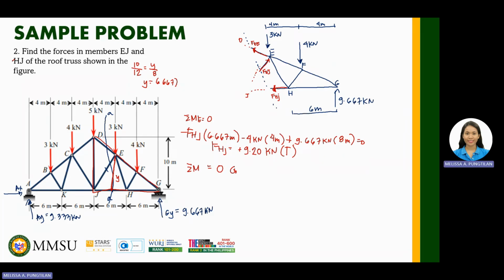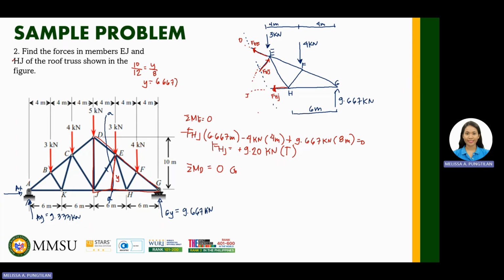So, pwede tayong summation of moment at point D. Pag nag-moment tayo dito sa point D, so automatically cancel out si FDE. Si FEJ, makukuha natin by using the X and Y component. Tapos si FHJ, present naman yan.